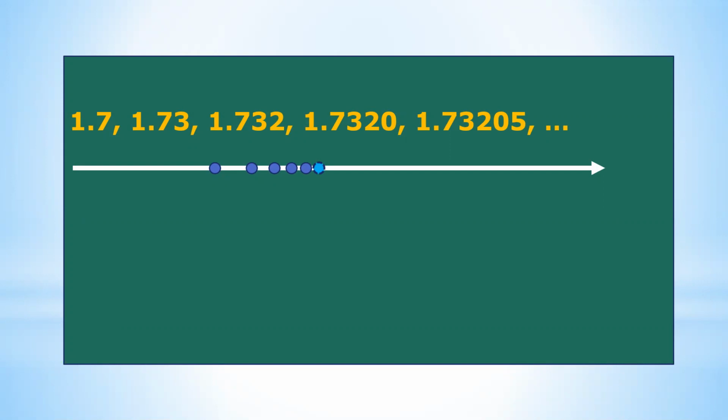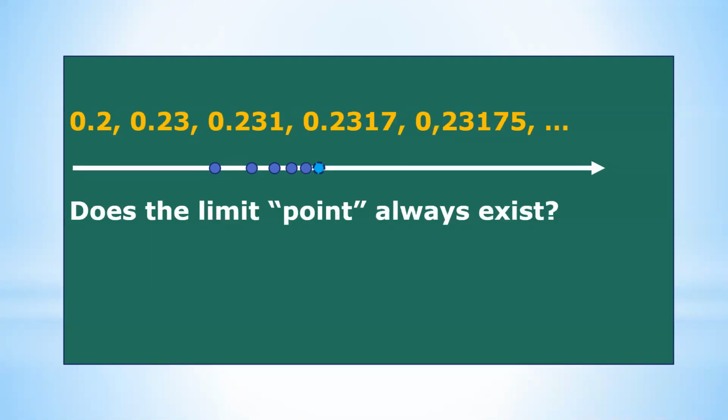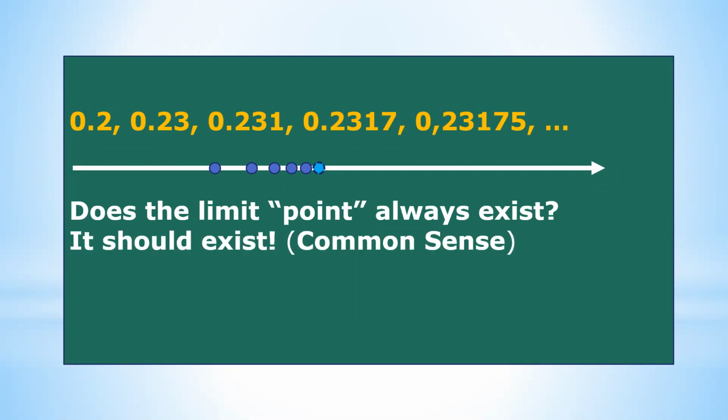Now we come to our original question. Does such a point exist? Do you think this point always exists? From common sense, we see that this should exist. There's no problem, right? But from the mathematical point of view, that's not enough.